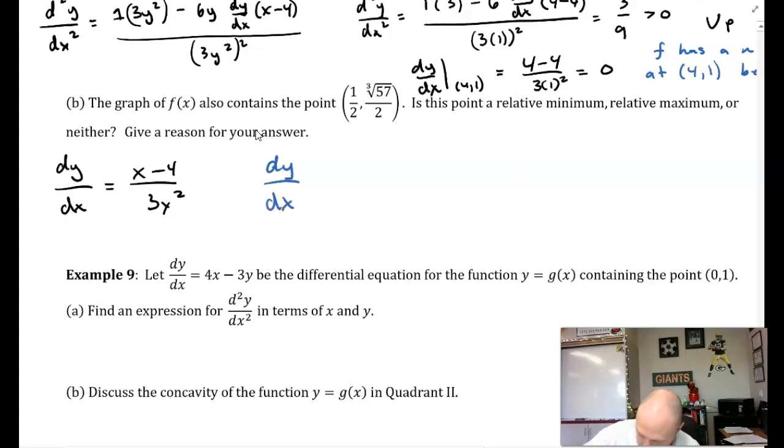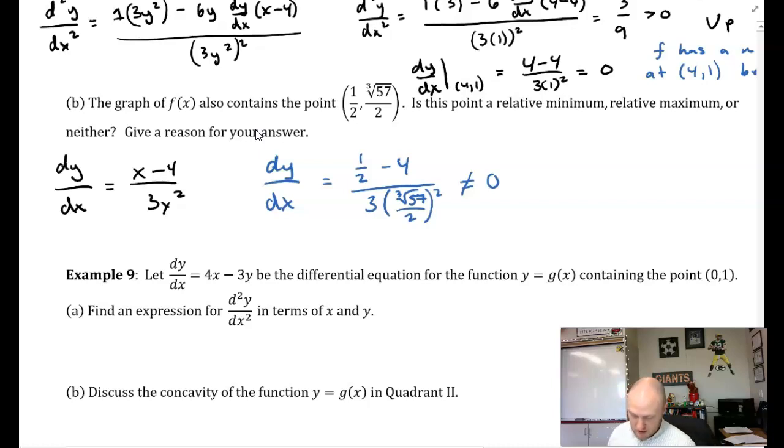So we have 1/2 minus 4, I mean that's not 0, over 3 times the cubic root of 57 over 2 quantity squared. I don't know about you, but I just know for sure that's not 0. And if that is not 0, then this means not a critical point.